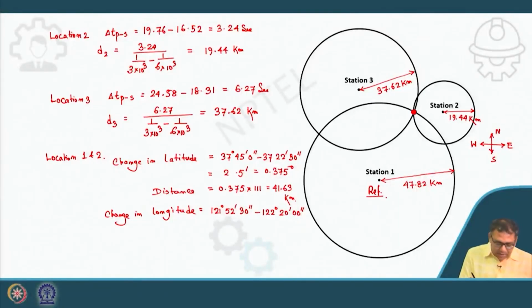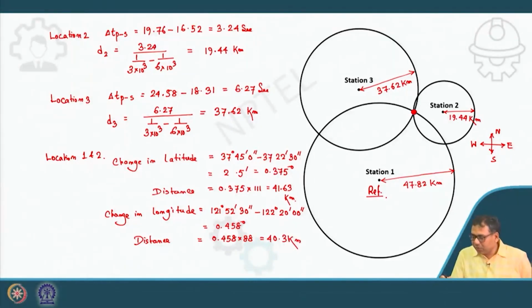But finally, in terms of degree, the difference is 0.458 degree. So in terms of distance, in case of latitude it was 111 kilometer, in case of longitude it will be 0.458 into 88 kilometer. So it will be 40.3 kilometer.